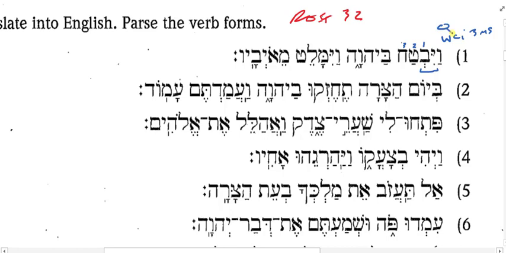So only the kal does this, and the verb batach in the kal means to trust. So somebody trusted. Is the subject of the verb overtly stated here anywhere? No, so I just used the pronoun he, right? So he trusted ba'Adonai, in the Lord. Good.